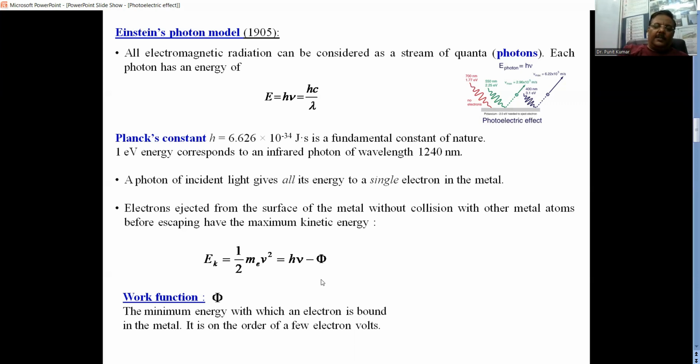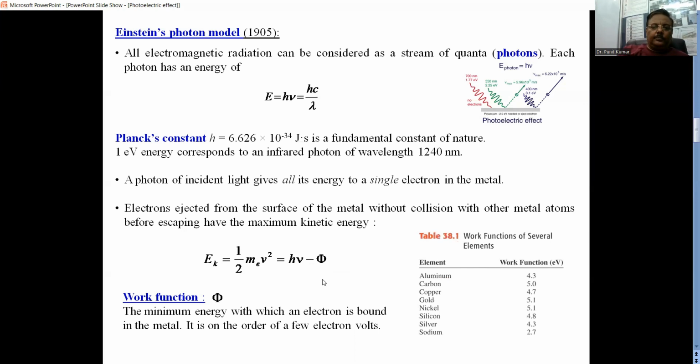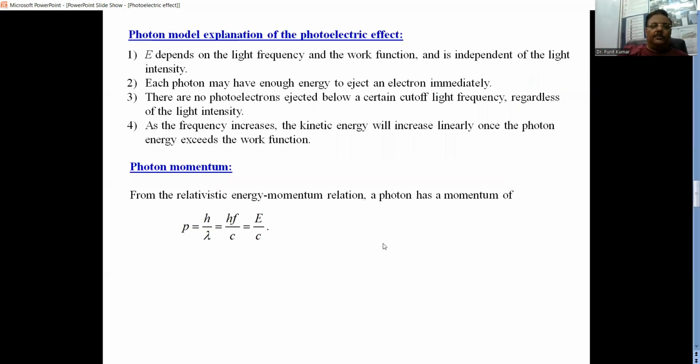And phi is the threshold value. The value of this work function phi is different for different metals. And the higher the work function, the more energetic the incident photon should be to emit the electron.